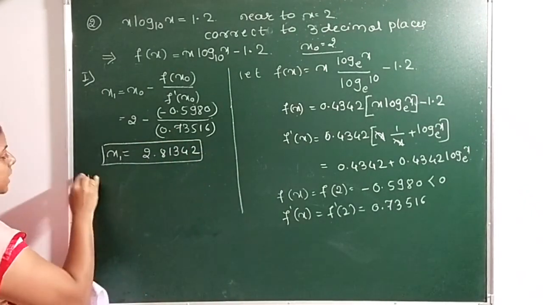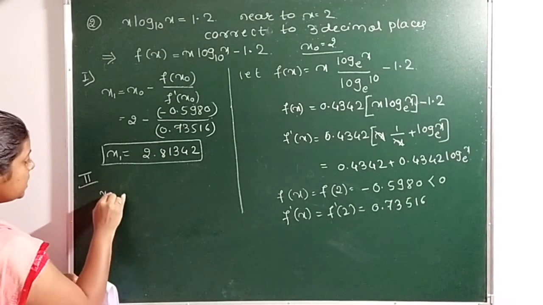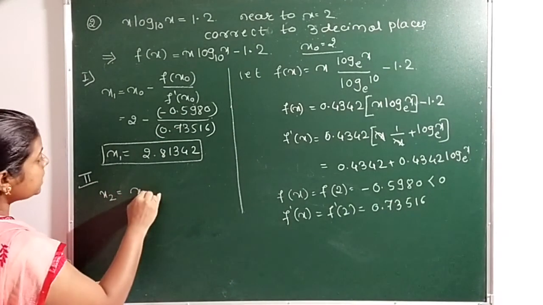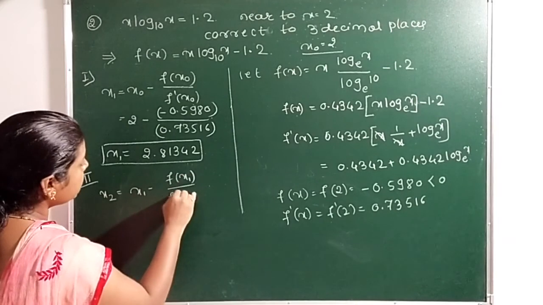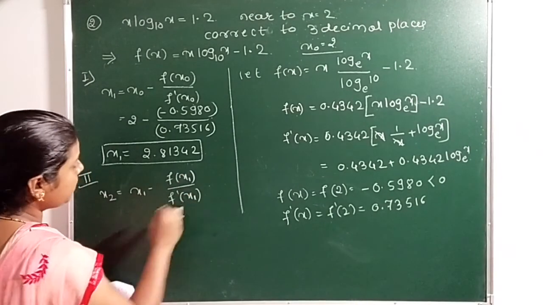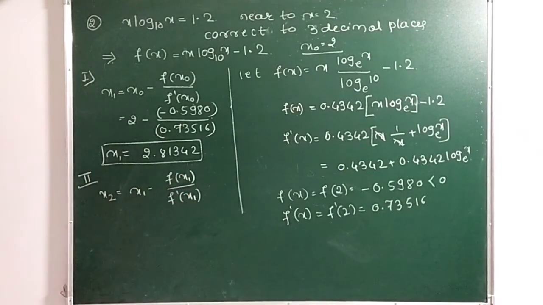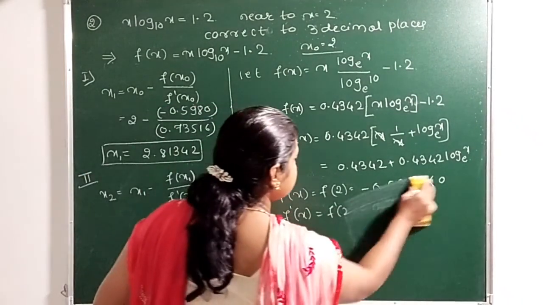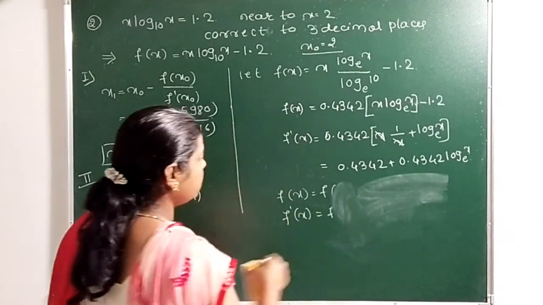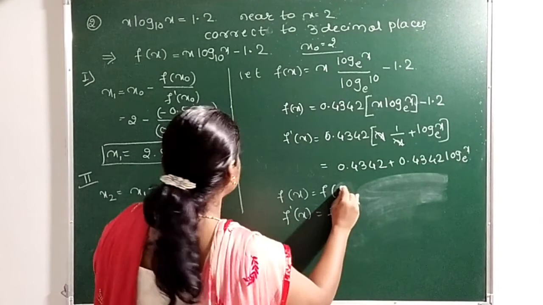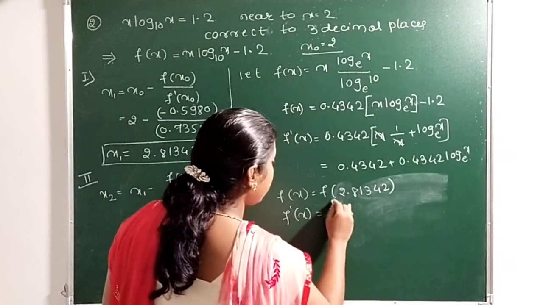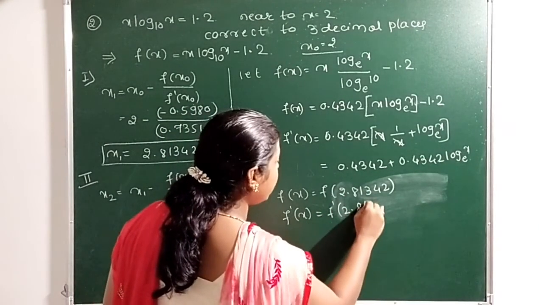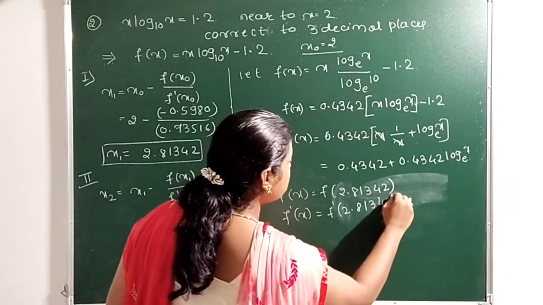Now second iteration you have to do, that is x2 is equal to x1 minus f of x1 divided by f dash of x1. Similarly, like this only, you have to take f of 2.81342 value and f dash of 2.81342 value.